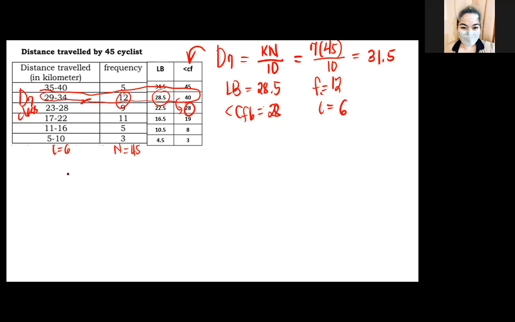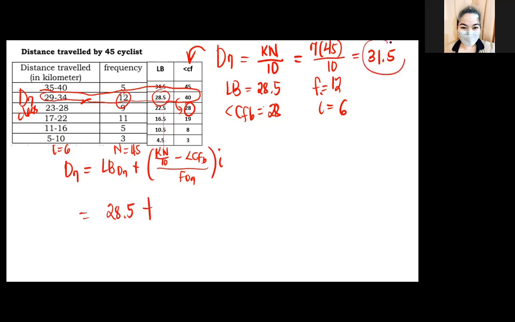Then we will substitute yung formula natin dito. D sub 7 is equal to the lower boundary of D sub 7 plus k times n divided by 10 minus the cumulative frequency below divided by the frequency of D sub 7 times i. Substitute lang natin siya. So we have 28.5 plus itong locator which is 31.5 minus 28 divided by 12 times 6.